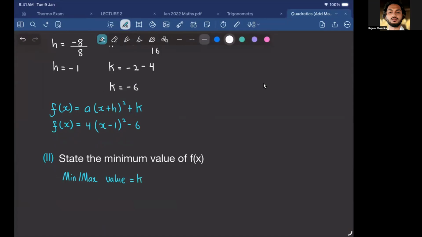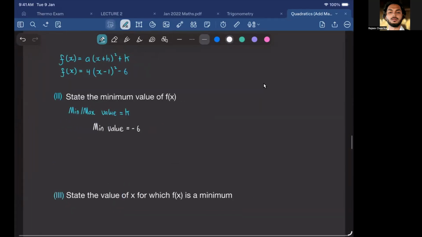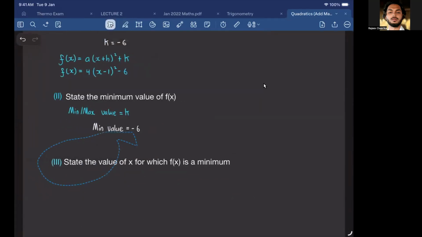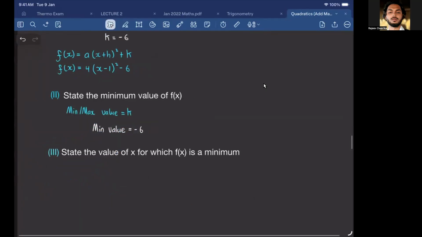In this case, since the coefficient of x squared is positive, we have a minimum. So the minimum value would just be equal to what? What is k equal to in this question? Minus 6.